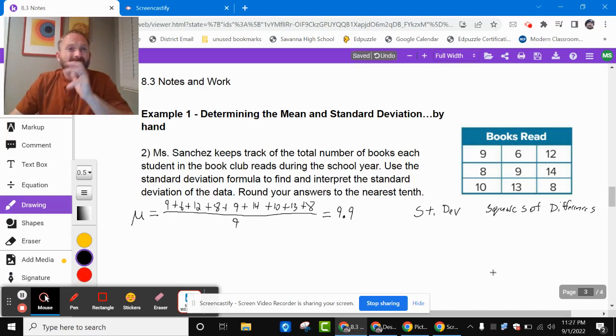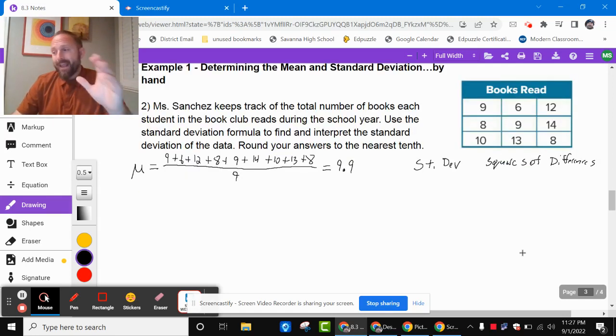All right, so to find the standard deviation, this is where we're going to find the squares of the differences between the mean and the numbers. So every single time we're going to subtract our numbers from 9.9.